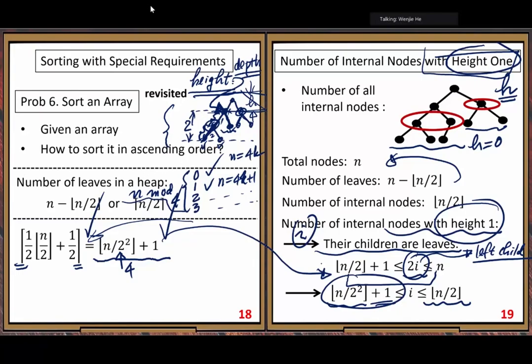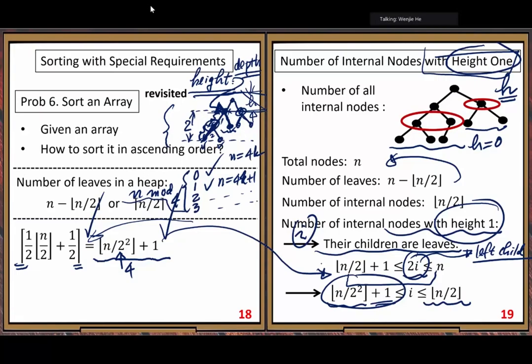Then we need to do our last step because our goal is counting, right? Counting the number of internal nodes with height 1. So we use the same way. Upper bound minus, not lower bound directly, the number right before the lower bound.